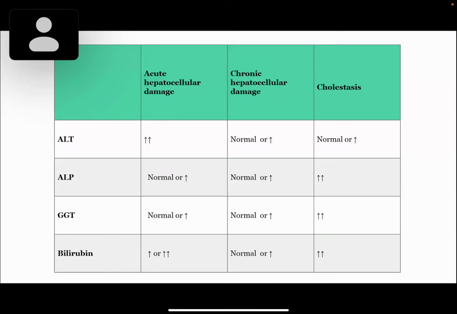Total bilirubin in acute hepatocellular injury is either mildly or highly elevated. In chronic, either normal or mildly elevated, while it is highly elevated in cholestatic conditions. So this table can summarize some points discussed previously.